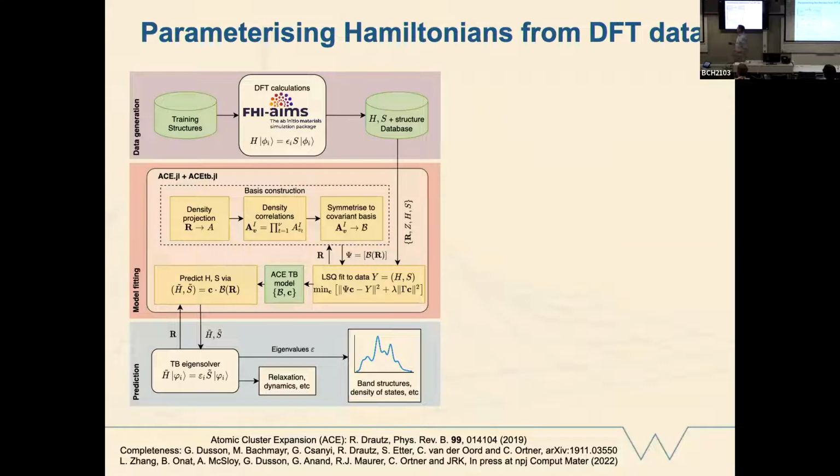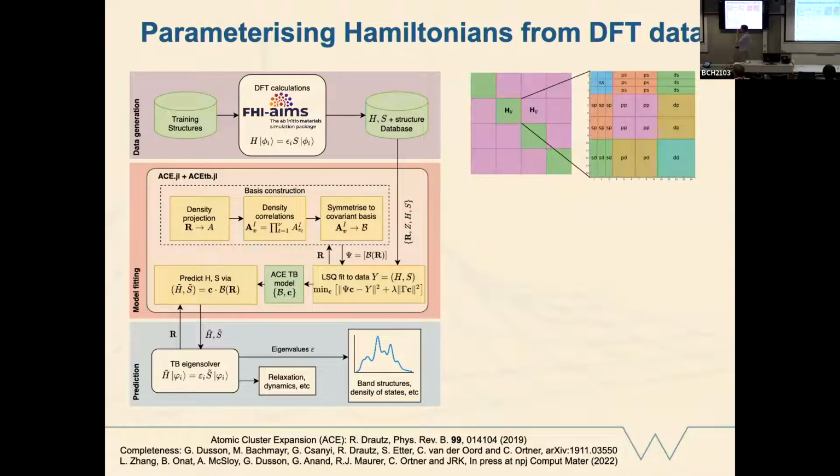So what we do is we take observations of Hamiltonian and overlap matrices represented in a local atomic basis, and we find a way to represent them that takes account of the required symmetries. You also see an on-site block of the Hamiltonian, the interactions between two orbitals sitting on the same atom, or an off-site block, where we're interested in interactions between distinct atoms.